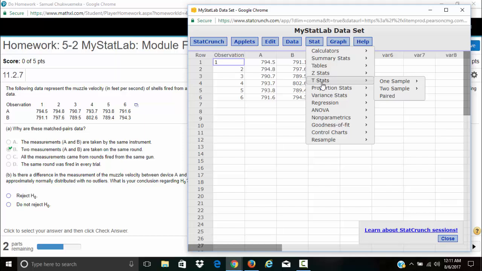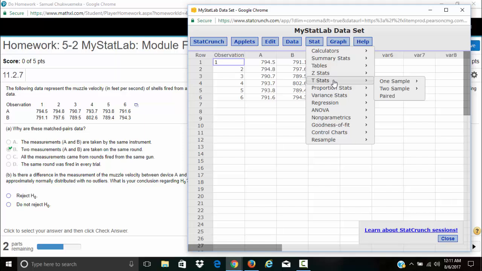But here they gave us just samples, they didn't give us any population standard deviation. They told us it met the requirements that the population is normally distributed. Like I said earlier, we are going to assume all the questions here meet the requirements. So because they did not give us the population standard deviation, we have to use t-stats.